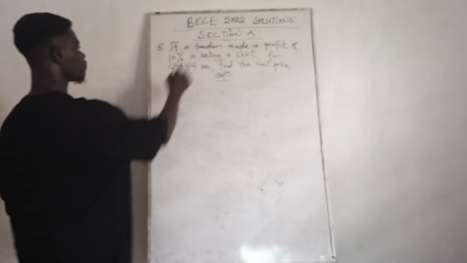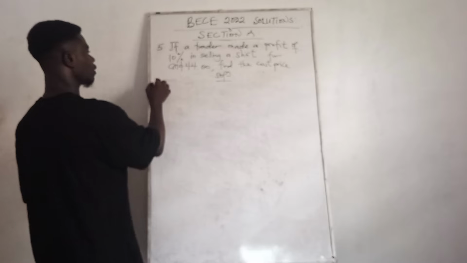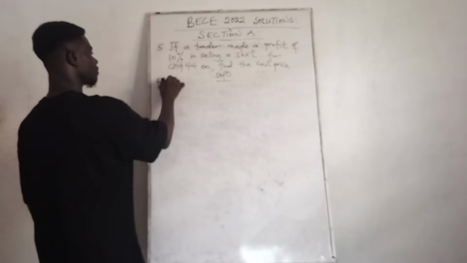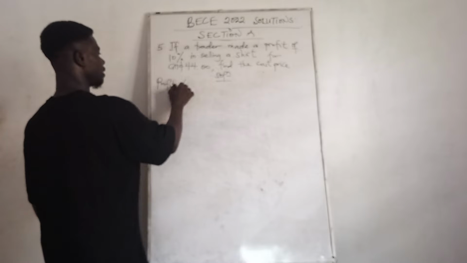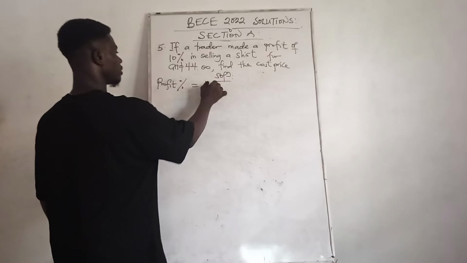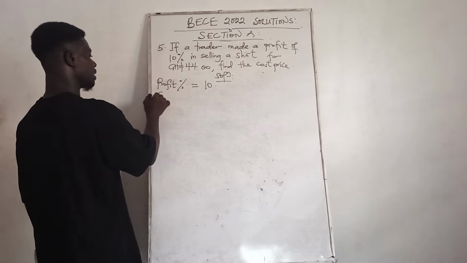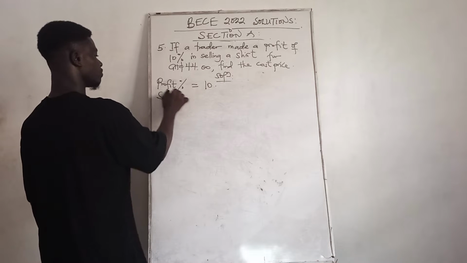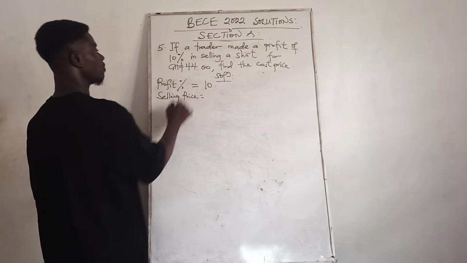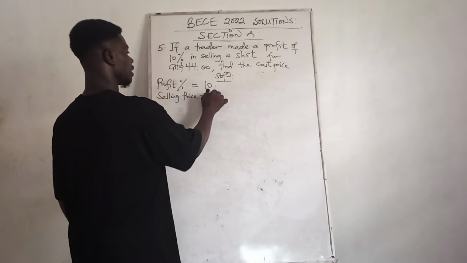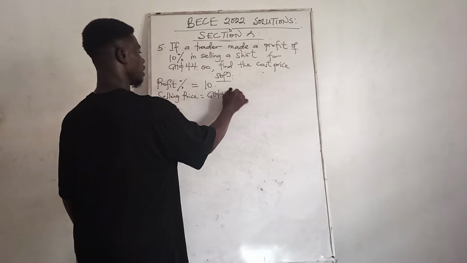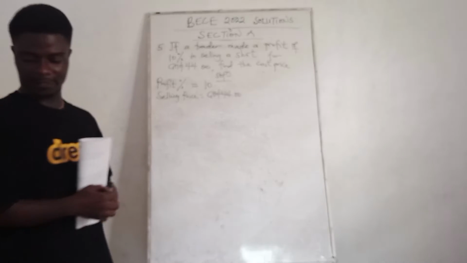I want my cost price. First of all, my profit percent is equal to 10, then my selling price equals 44 Ghana cedis.